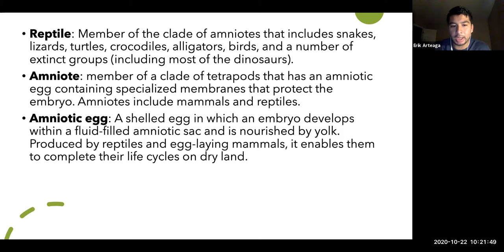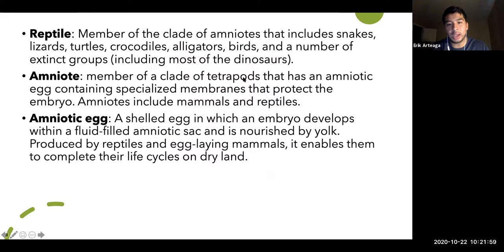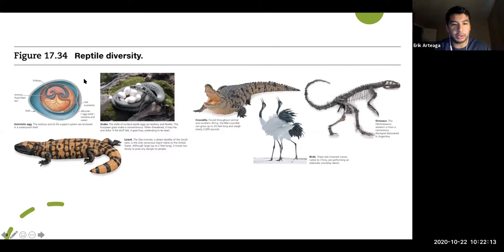It prevents that life stage that requires water-dwelling young, that frogs have, right? This amniotic egg allows for the full development of the young into functioning land-dwelling organisms.